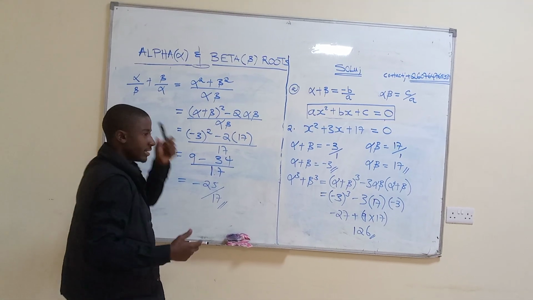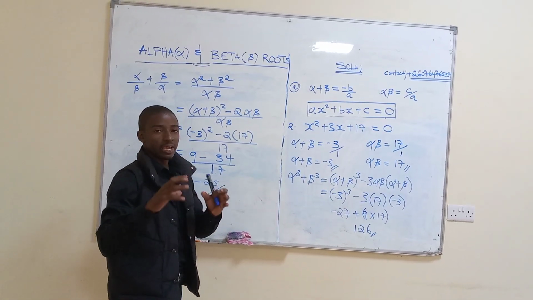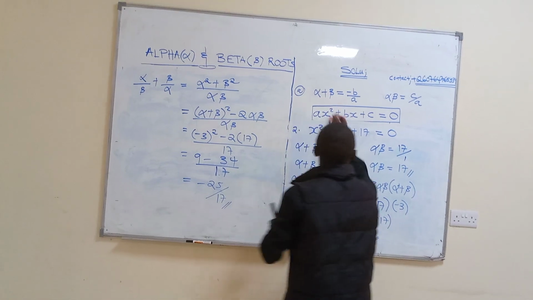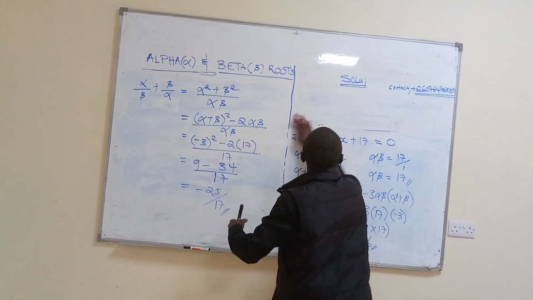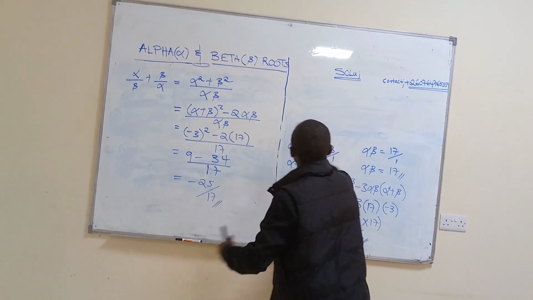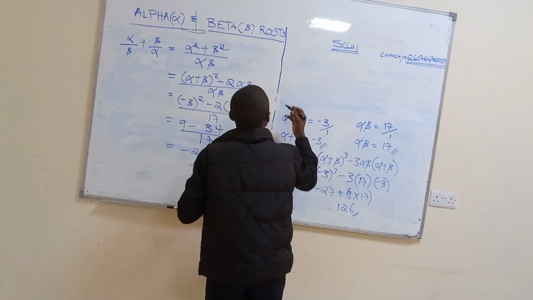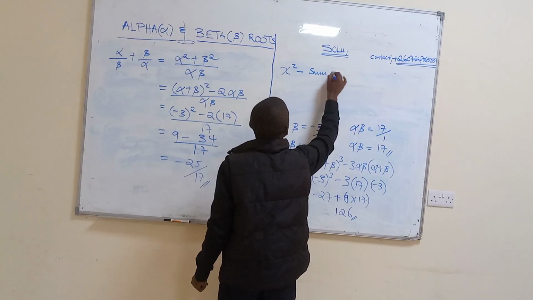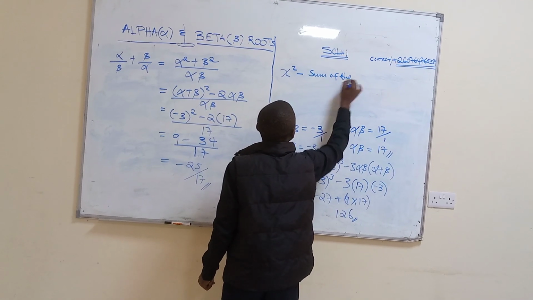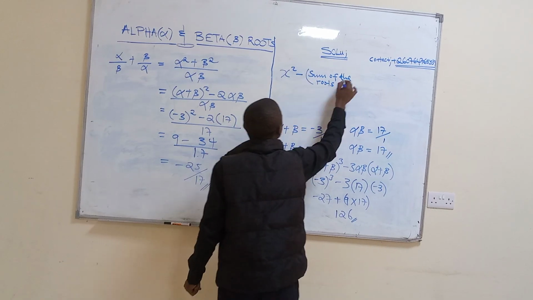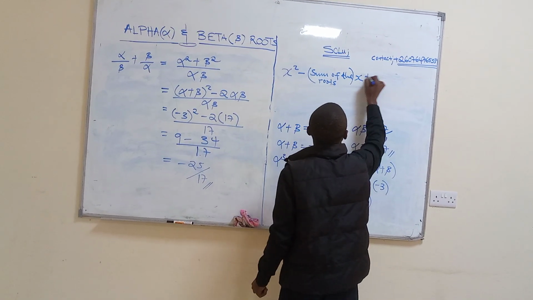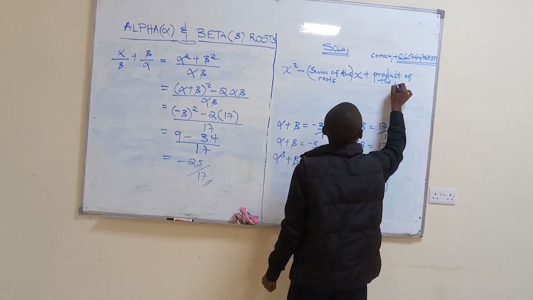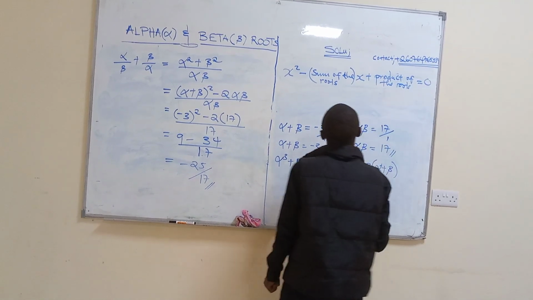So what we're going to do is abide to the original formula for finding a quadratic equation, which is x squared minus the sum of the roots times x plus the product of the roots equals 0.